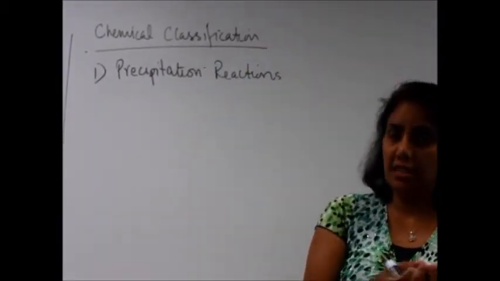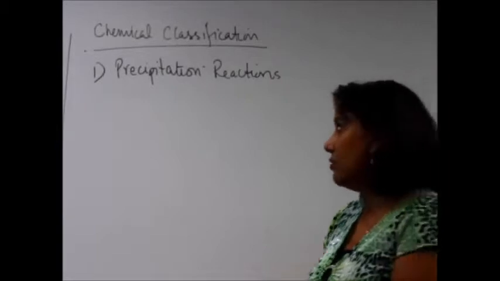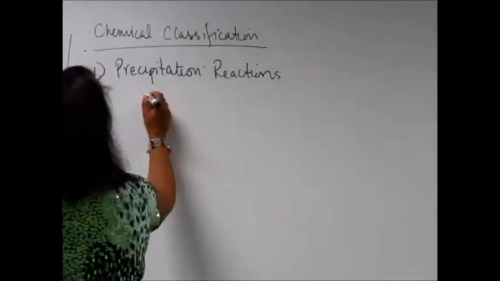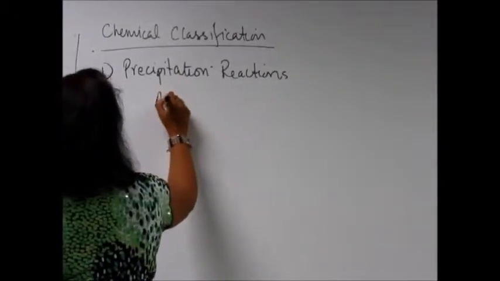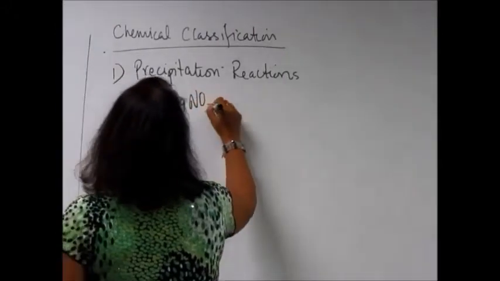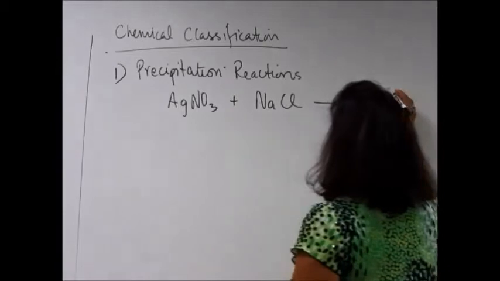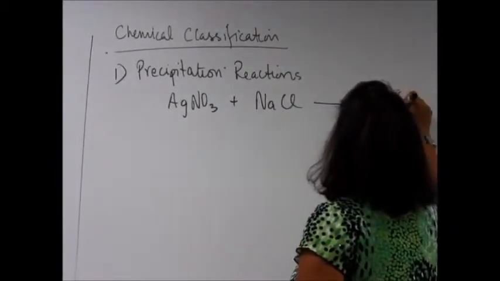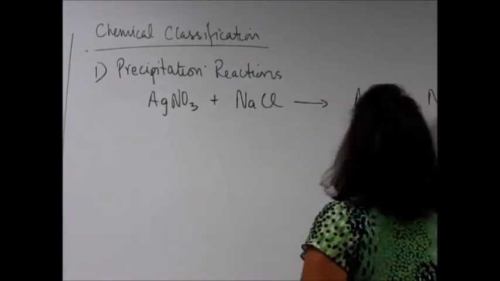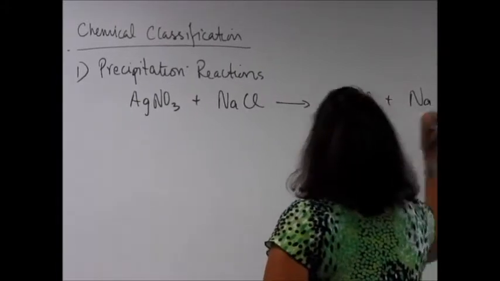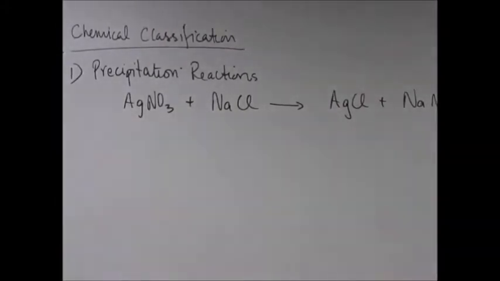A precipitate is a solid that forms. So for example, if I take silver nitrate and add sodium chloride to this, I will get silver chloride and sodium nitrate.